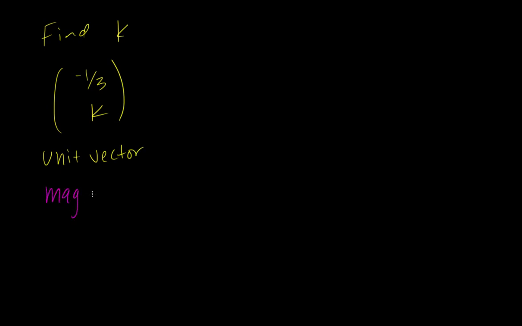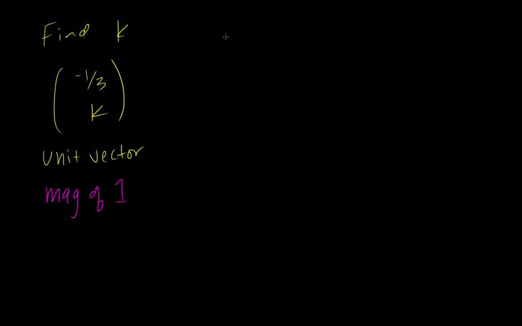Okay, now this says find K given that that's true, and we know that it's a unit vector. So the important thing is the unit vector has a magnitude of 1.